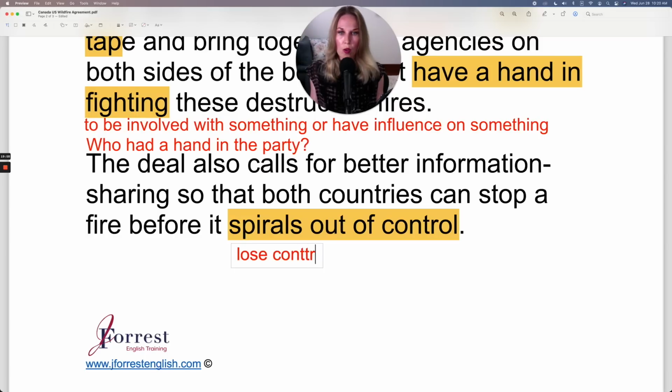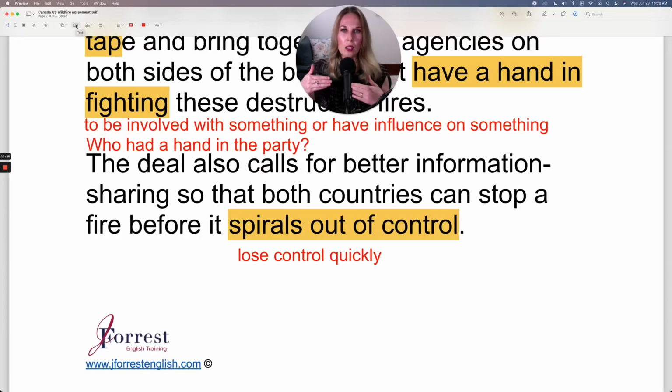So to lose control quickly. You can use this in workplace situations because let's say you're having a meeting and you're negotiating something during this meeting. You could say our negotiations spiraled out of control, which means you lost control of the negotiations.